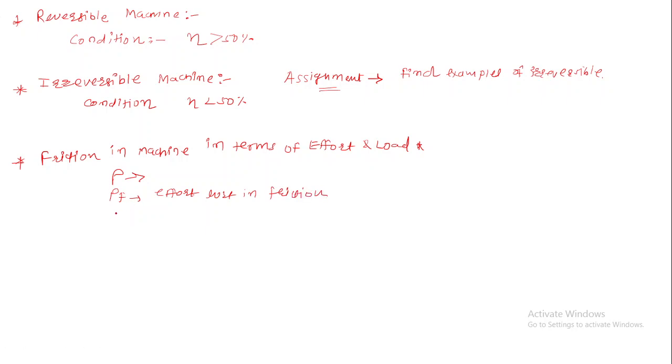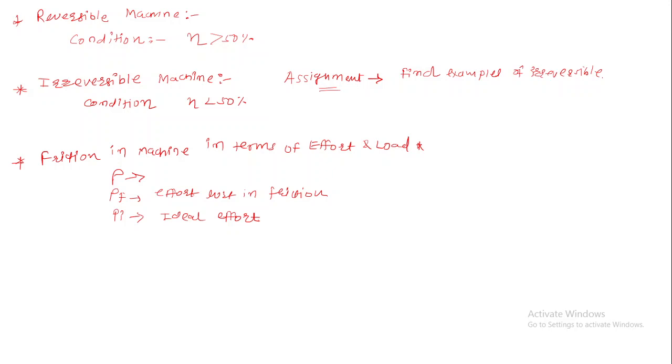Pi is the ideal effort. So P is our actual effort, Pf is effort lost in friction, and Pi is our ideal effort. So effort lost in friction is equal to actual effort minus ideal effort.